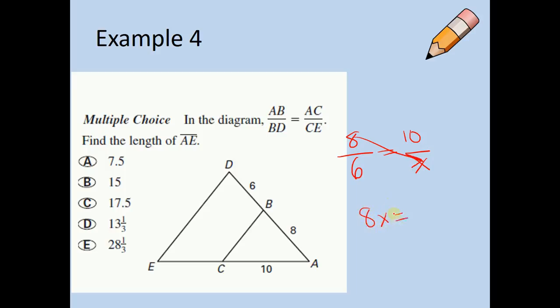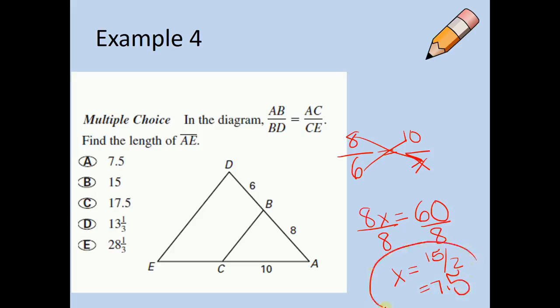So we got 8x equals 60. Divide by 8. So we get x equals either 15 over 2, because they both are divisible by 4, or 7.5. So if I look over on my choices, it's got to be A. A's got to be the right answer.